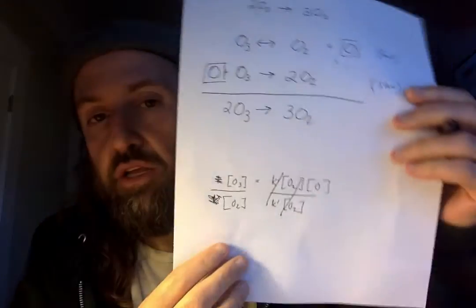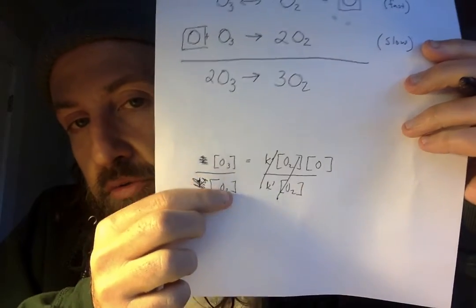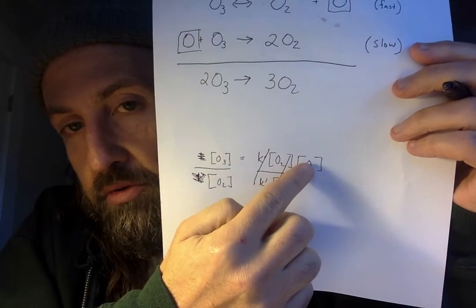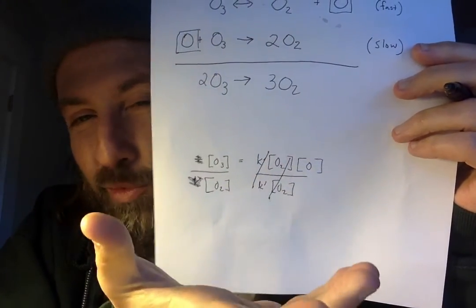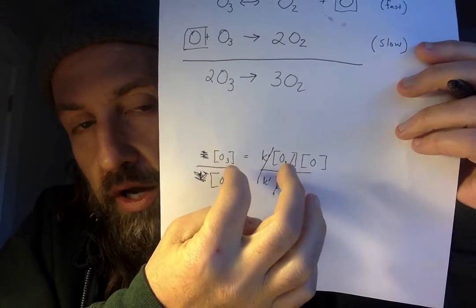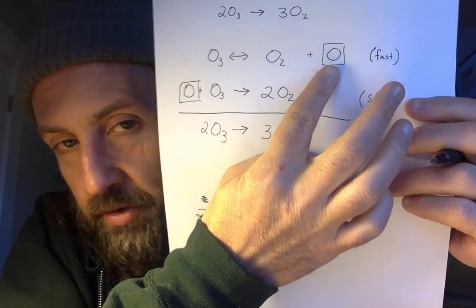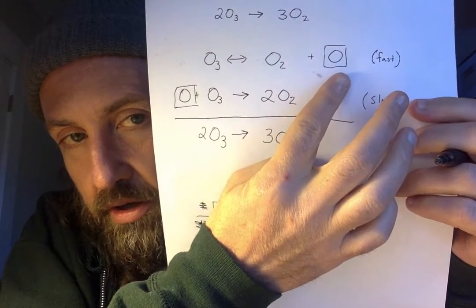So just think about all the k's getting bundled in together. What is important is that we have O3 over O2 equals O.